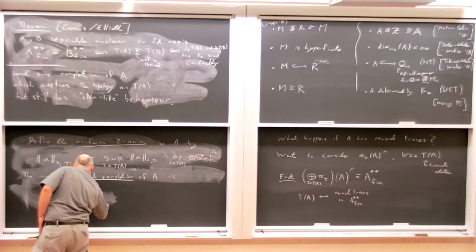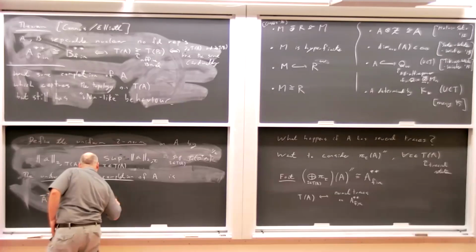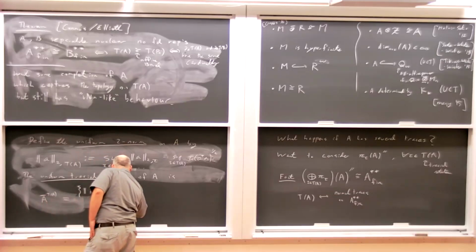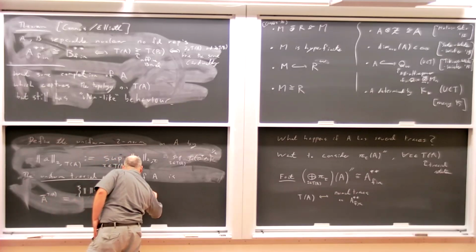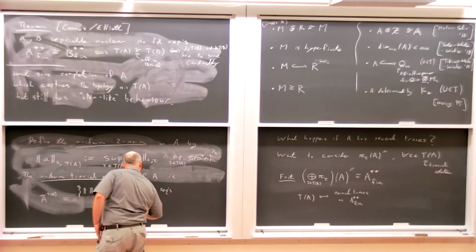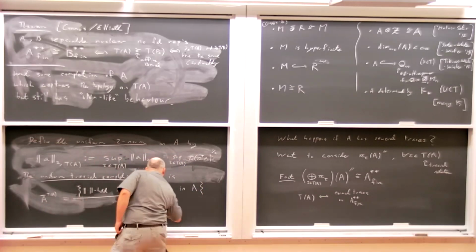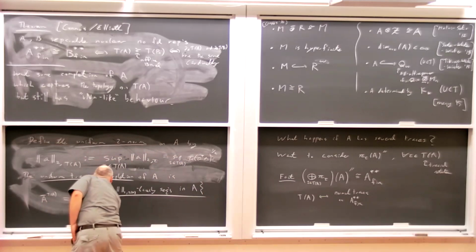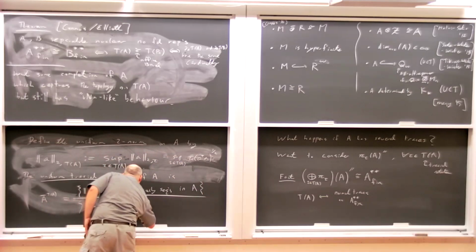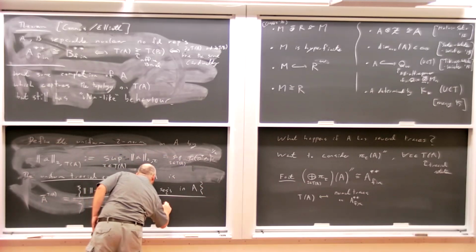Here I'm going to take the norm-bounded two norm Cauchy sequences, modulo the operator norm bounded two norm null sequences.